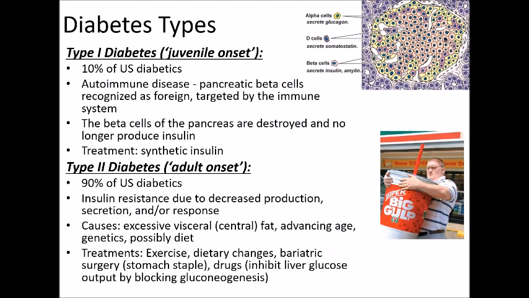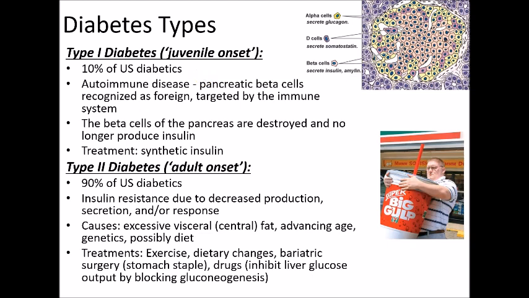There are a couple types of diabetes that we can see. You can divide it up into actually 4 types nowadays. The first one is called type 1 diabetes, and in the old days it was called juvenile onset, and that's still not a bad description, as many of the individuals are diagnosed when they are younger.